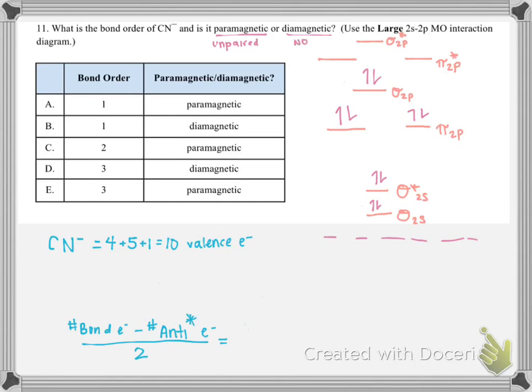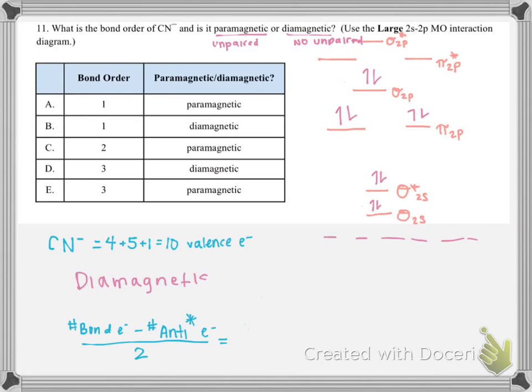We can see in our diagram that we don't have any unpaired electrons, so it's going to be diamagnetic. And this would not interact with a magnet. Think of it as the magnetism dying.